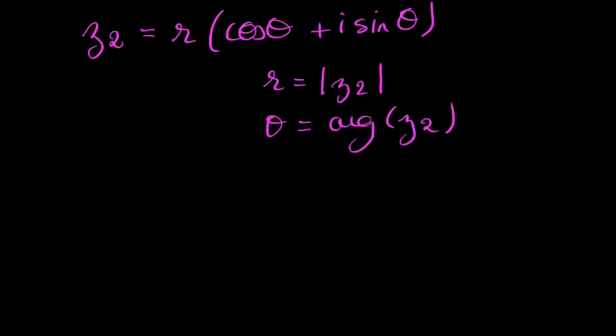So we will divide z2 by r so that we are able to get the value of cos theta and sin theta.